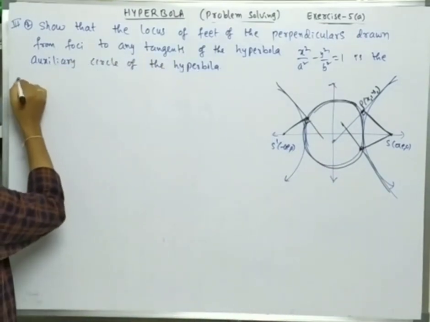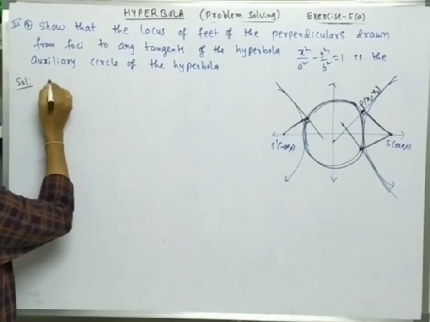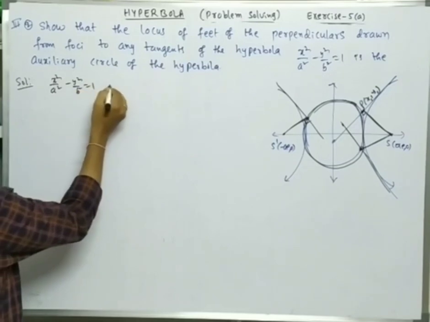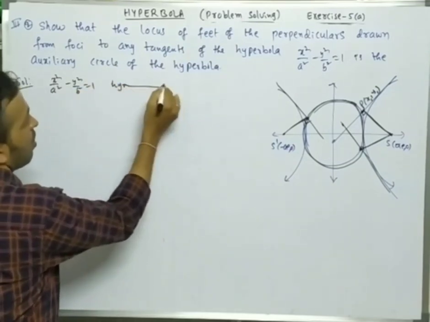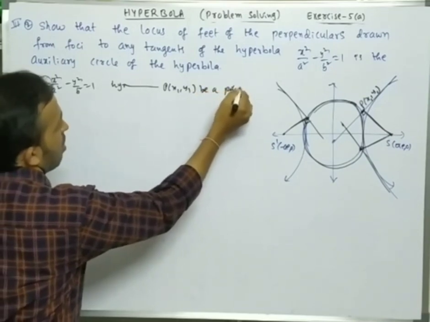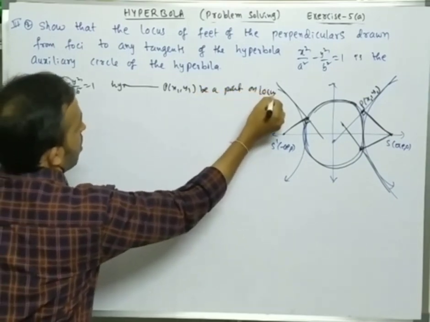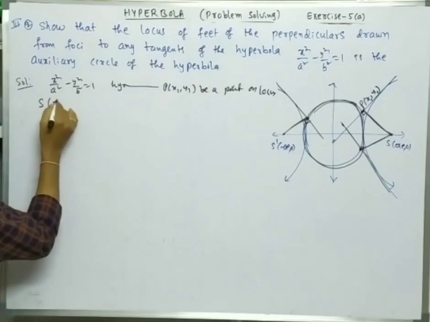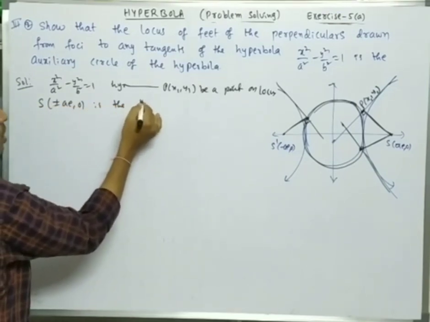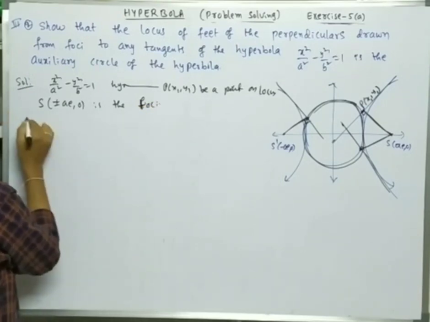Okay, so here x square by a square minus y square by b square is equal to 1 is the hyperbola. P(x1, y1) be a point on the locus. Next, S is plus or minus ae comma 0, the foci. So here the discussion is about tangent.